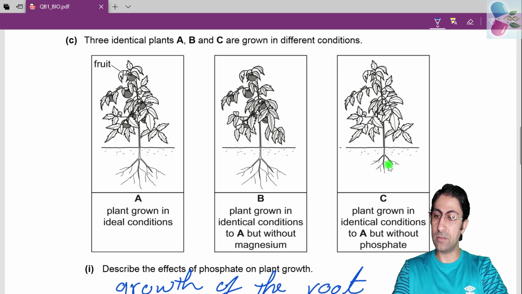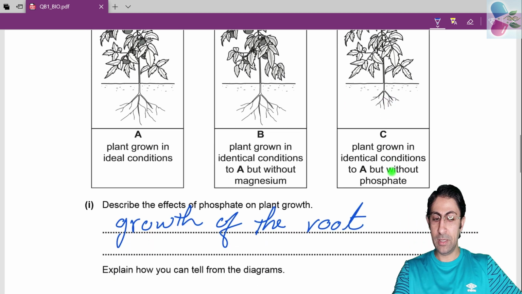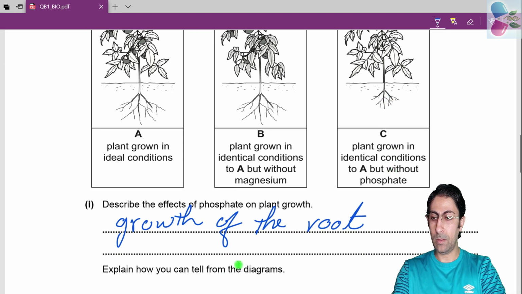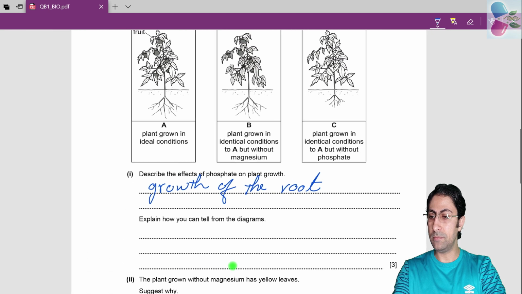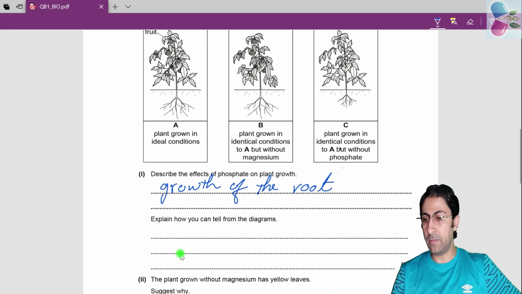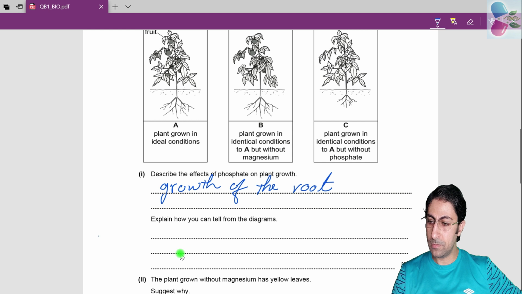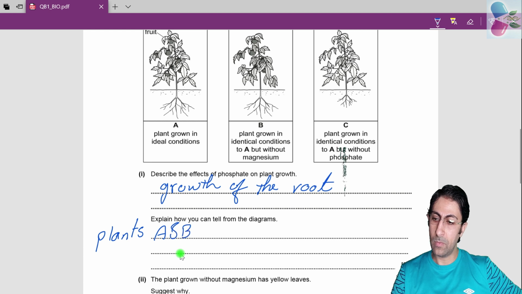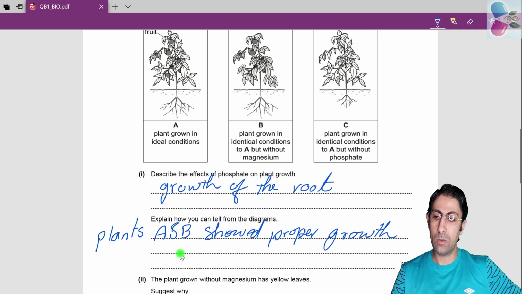So we can say plants A and B showed proper growth of root.